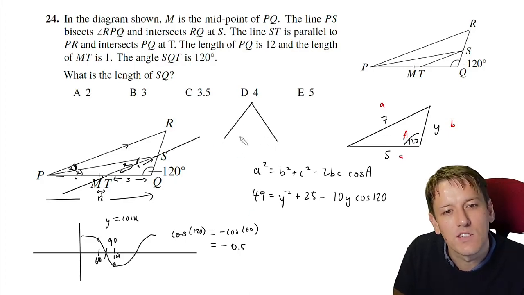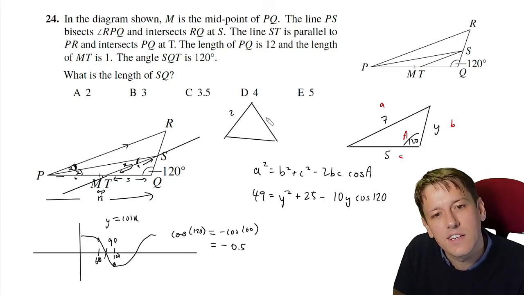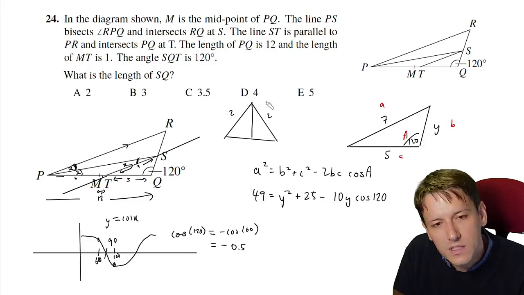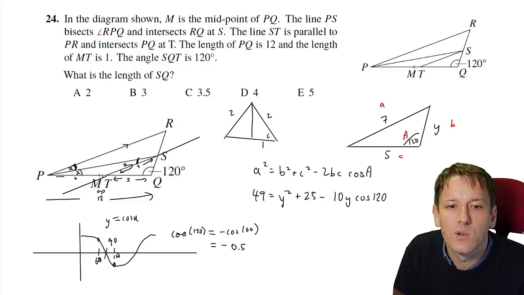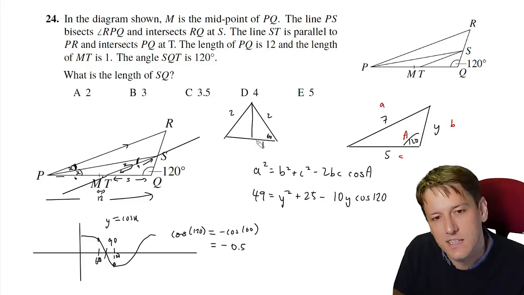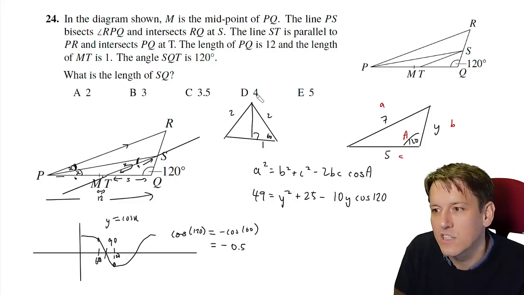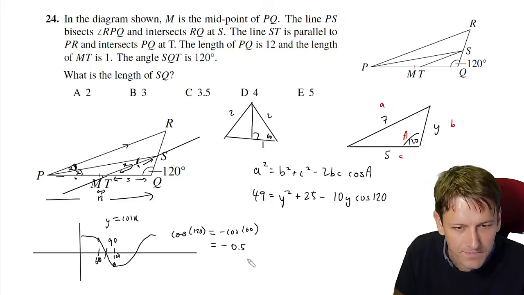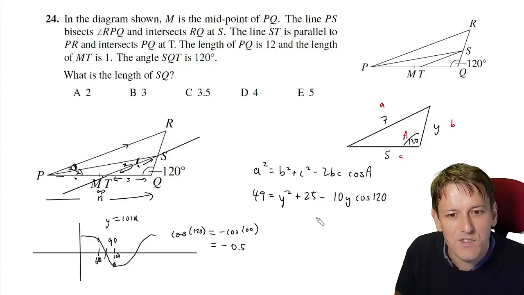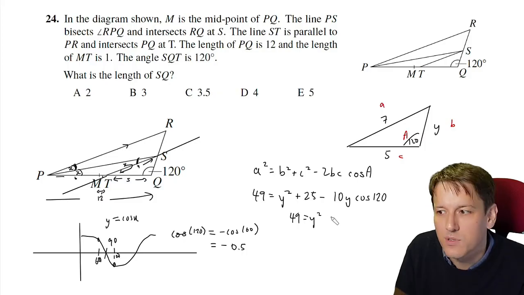Sometimes in maths it's just as good to remember how to derive things as it is to memorize tons of things. So if you take an equilateral triangle with side length 2, then the angle here would be 60, and we can see from this right angle triangle that cos of 60 is the adjacent over the hypotenuse, which is a half. So anyway, I got cos of 120 is minus a half.